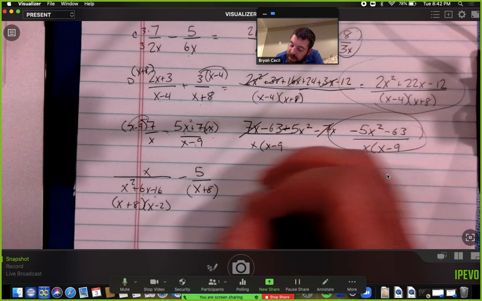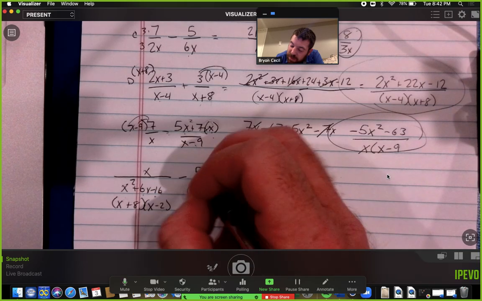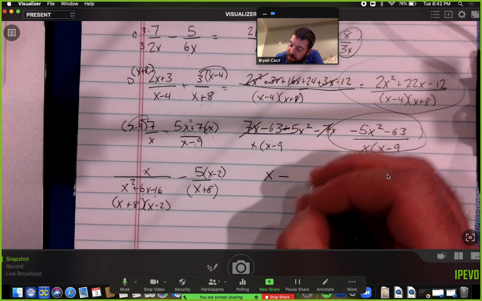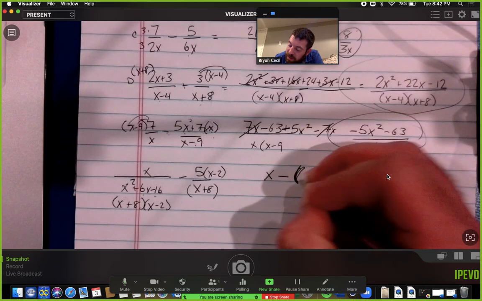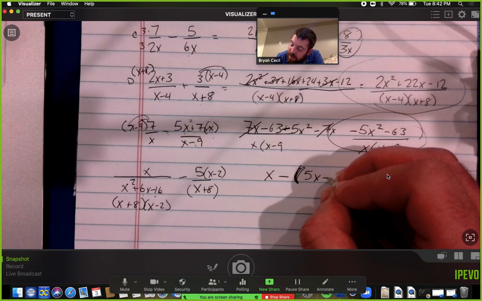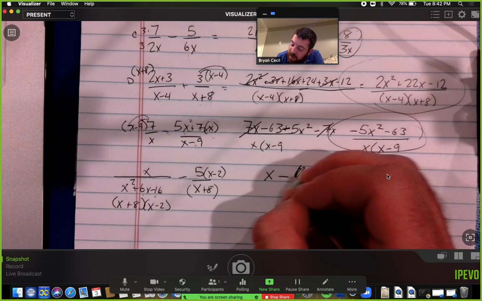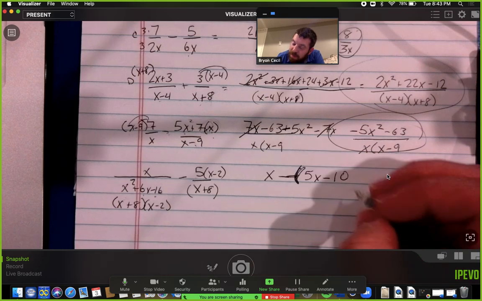And now I need to take the 5. I already have an x plus 8, so I need to take that times x minus 2. So I'm going to subtract, guys, a 5x and a negative 10. Now again, this negative, we can distribute it, so this becomes a negative 5x and this becomes a positive 10.